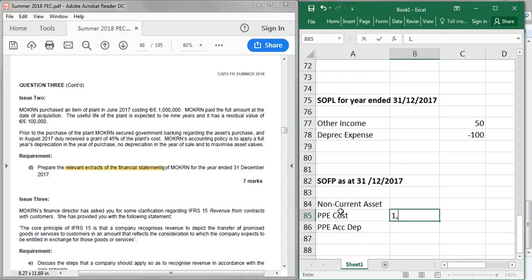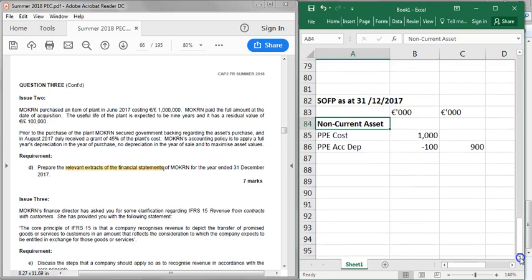This will be 1 million. So we assume we just have the thousands here. And you have accumulated depreciation of 100. So that means your net book value there is 900 in your non-current asset. So all we're looking for is these specific line items that are there.